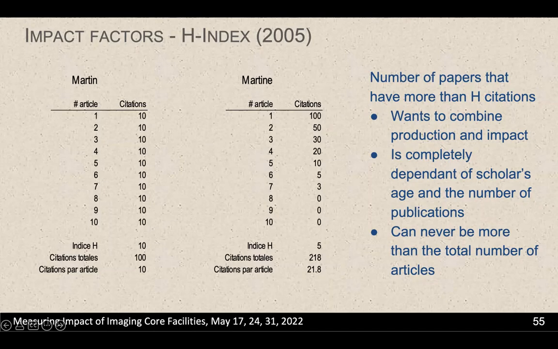If she wanted to have 6 as an H index, you need to have at least 6 articles with over 6 citations, and then it's 5. So poof, it moves to an H index of 5. It's all round numbers. But in fact, if you look at citations per article, it's more than twice that of her colleague Martin. So it really doesn't reflect the impact of the articles or the person, sorry.